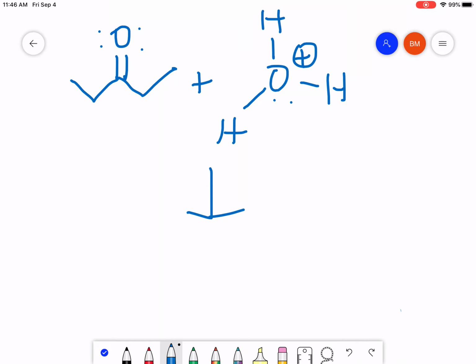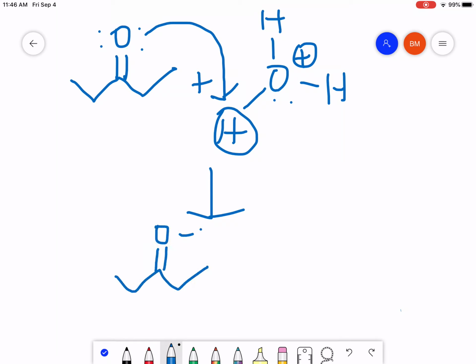This H3O, hydronium, as you learned in Gen Chem, is very much acidic, so it's going to want to give off a proton. And this proton can be plucked off with the electrons from that oxygen. So it's going to give that an OH and make it a positive charge, and it's going to leave behind water.